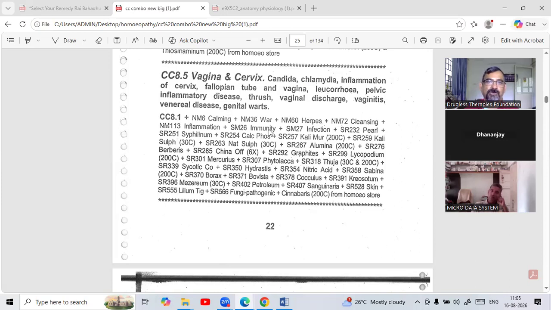Instead of that, politely ask, is there any UTI type thing? Is there any urinary infection? They will tell you, and if there is a urinary infection, you can think that it is the vaginal infection also.